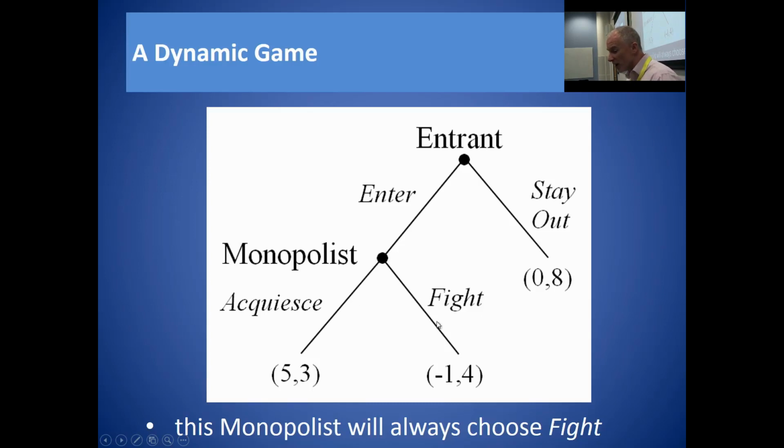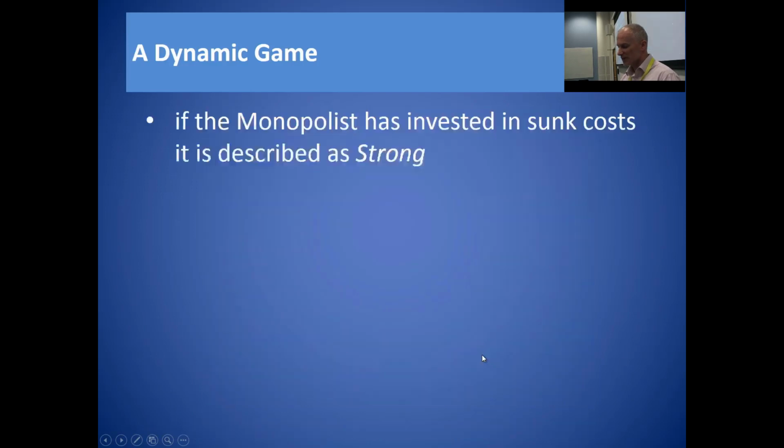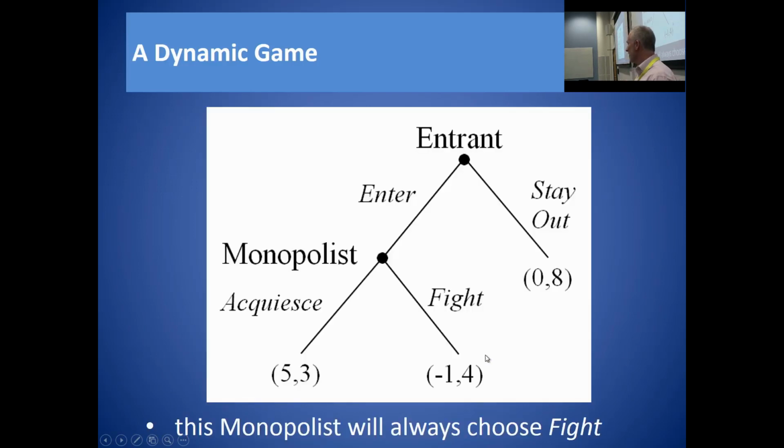If it chooses to fight, given that it's invested in these sunk costs, it can now get a payoff of 4. So the monopolist, if it's incurred sunk costs, will always choose to fight market entry. By extension then, if the monopolist will always choose to fight market entry, what will the entrant choose to do?